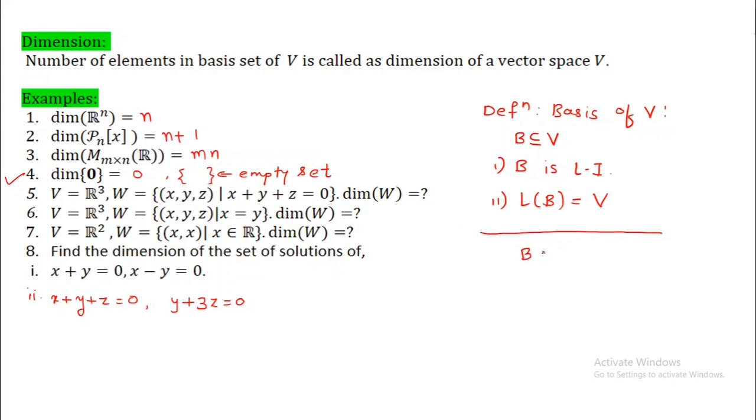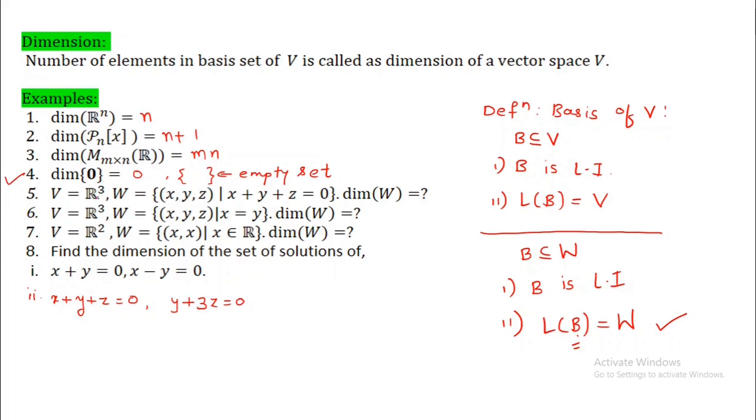We have to find a set B such that B is a subset of W. Next, B is linearly independent, and the second thing is the linear span of B is equal to W, since we have to find the basis of W. So first of all we will find a set B such that the linear span of B is equal to W, and then we will check whether this set B is linearly independent or not. If it is linearly independent, we will directly say that B is a basis of W.